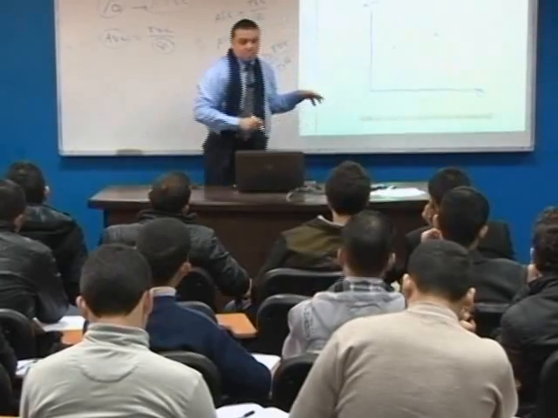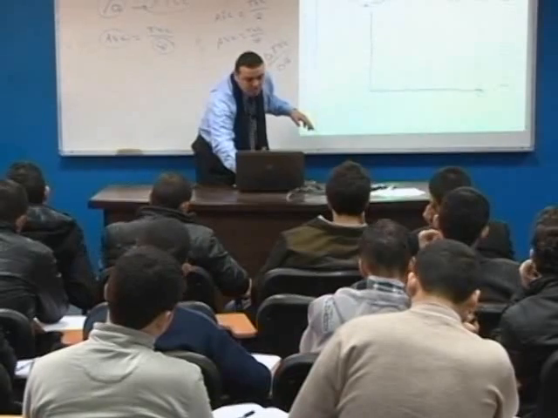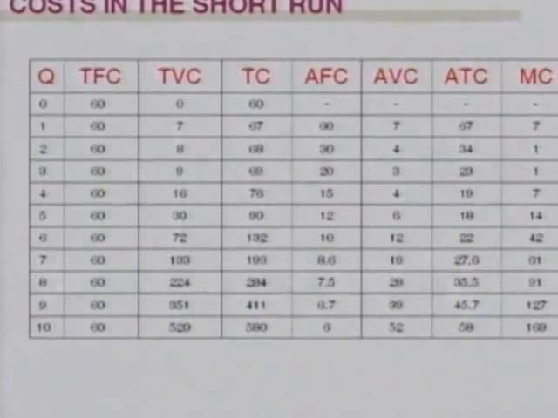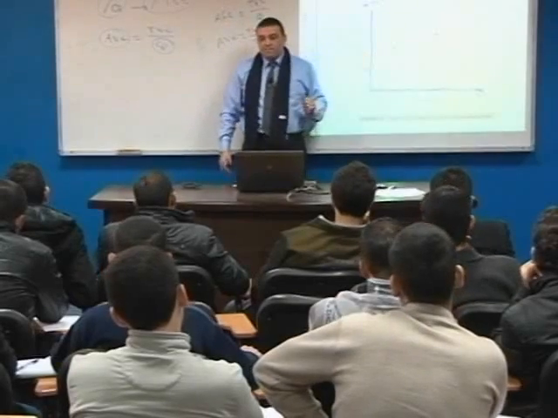If we use the previous data to illustrate the relationship between TVC, TFC, TC, and the quantity produced, we will reach the following diagram.